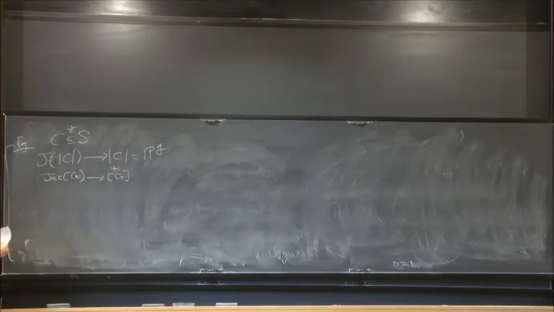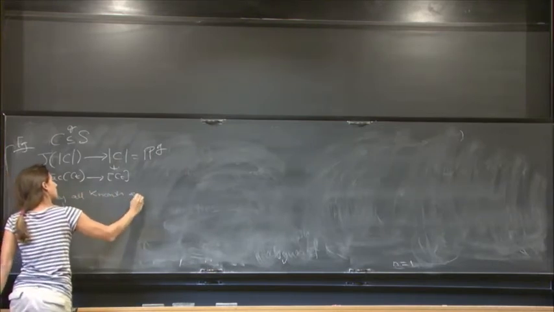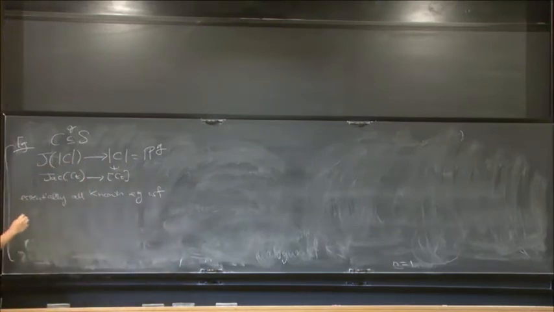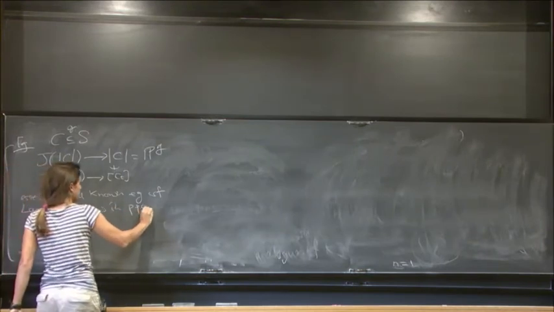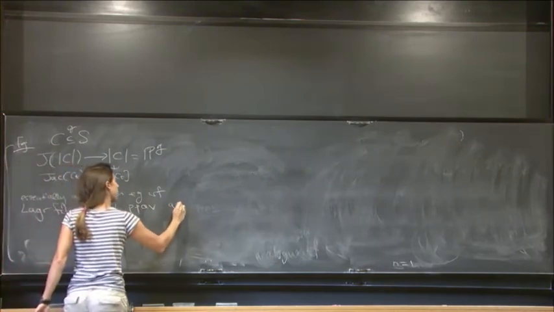And this is a Lagrangian fibration, in fact. And essentially all known examples of Lagrangian fibrations in principally polarized abelian varieties, at least in this class of hyperkählers that are deformations of Hilbert schemes, are Jacobians.